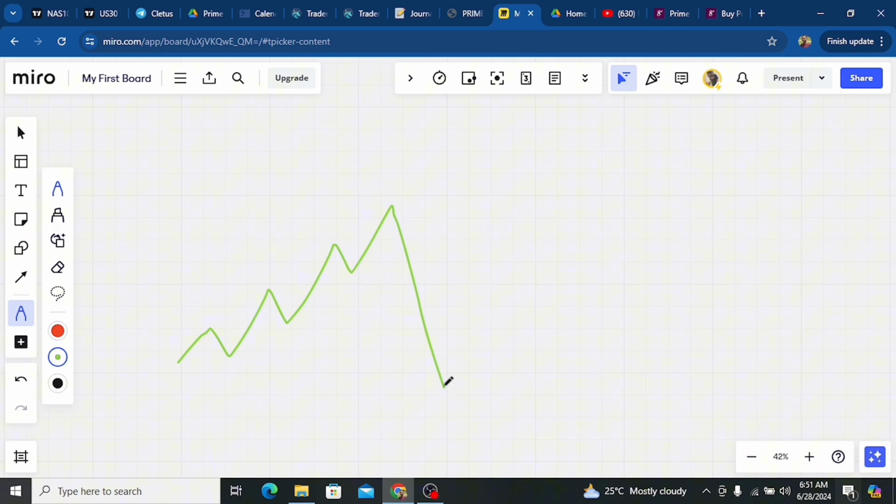We now have a move like this. A break of structure has been created and carries a fair value gap, as well as an order block within the fair value gap.